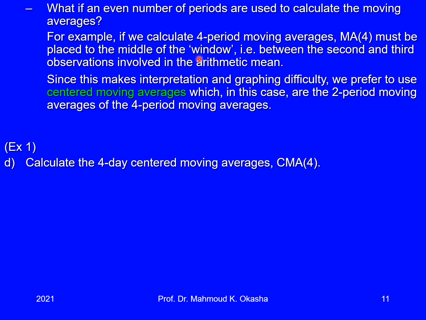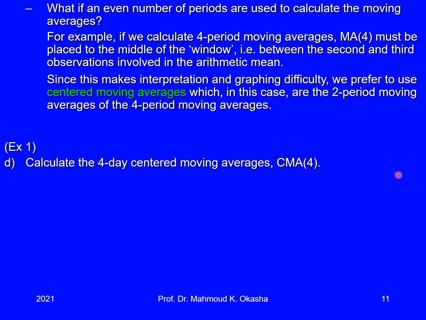For example, if we calculate a 4 period moving average, it must be placed in the middle of the window, on the line, not between two values, between the second and the third observation involved in the arithmetic mean, not opposite to one of the observations. This makes interpretation of the graphing more difficult.